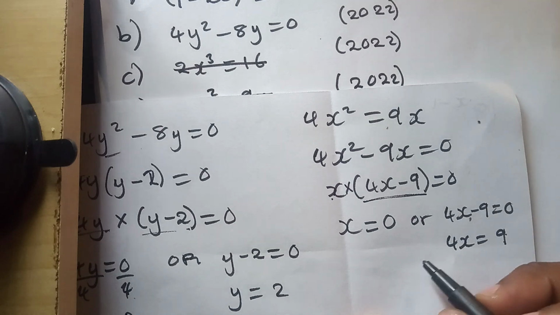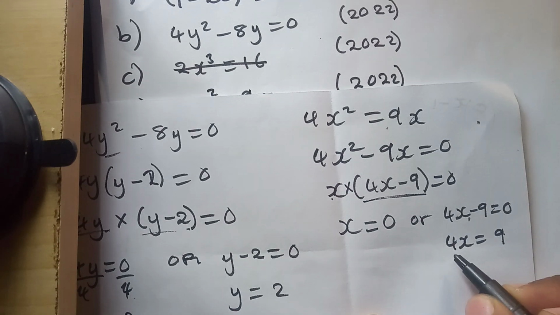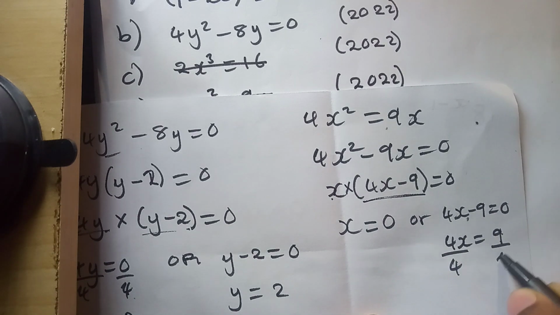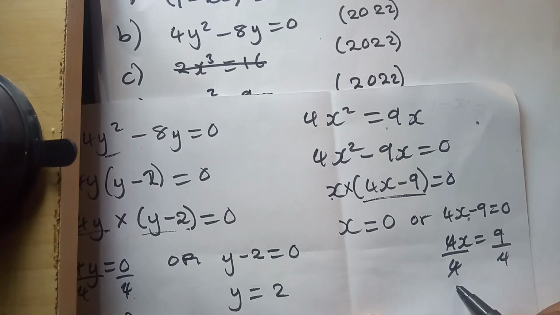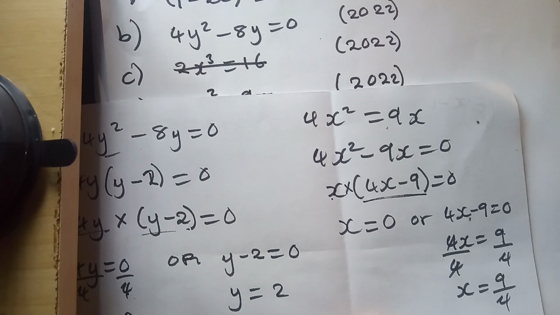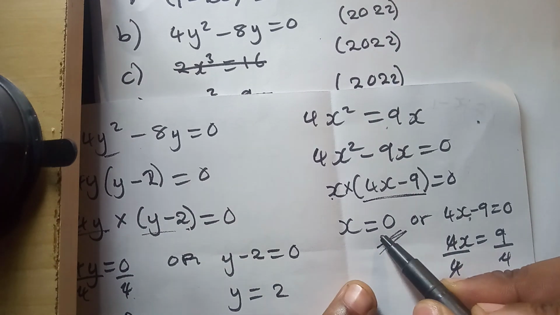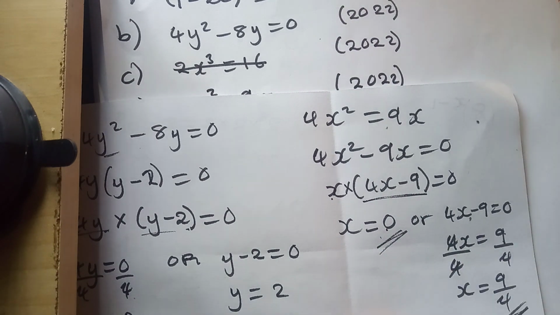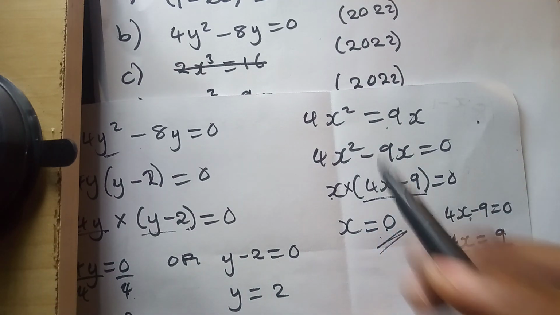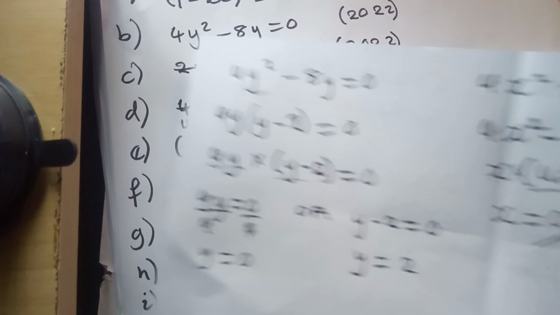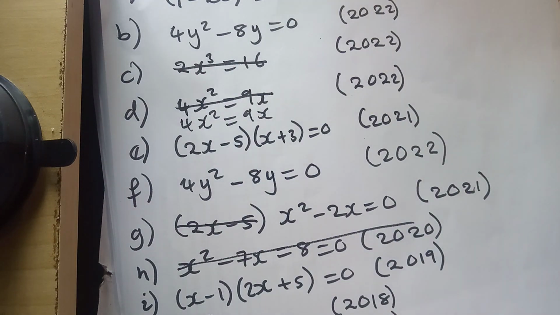Now let's divide both sides by 4. So x will be 9 over 4. And you're done. So x is either 0 or x is 9 over 4. You can even substitute these values there and you will be able to see that they are both correct.